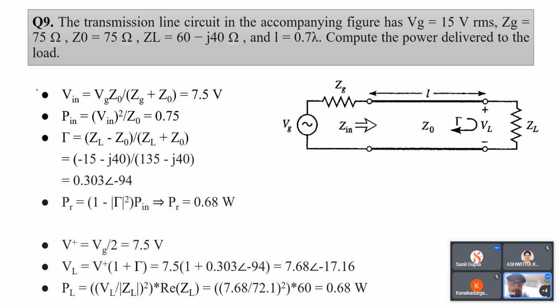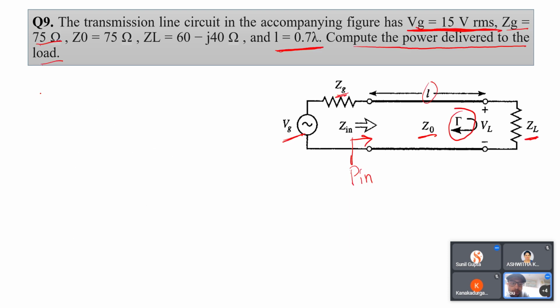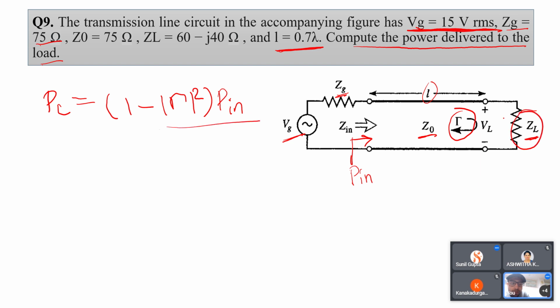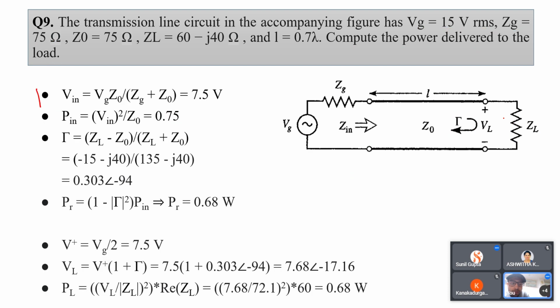Then you can use this relation: PL is equal to 1 minus mod gamma square times P in, as we have seen in the previous numerical. By using this relation you can find out the value of load power. So let us see here.